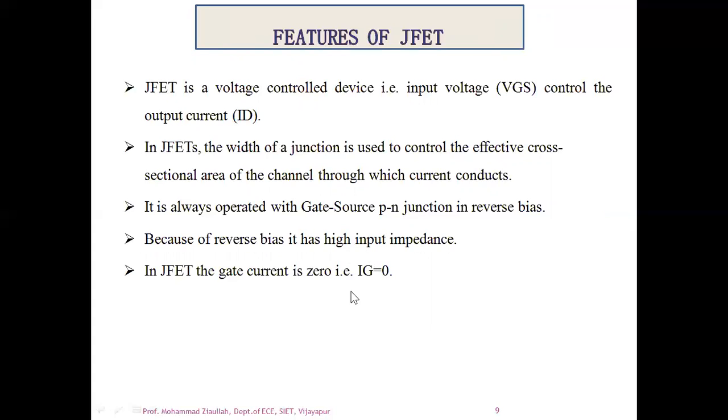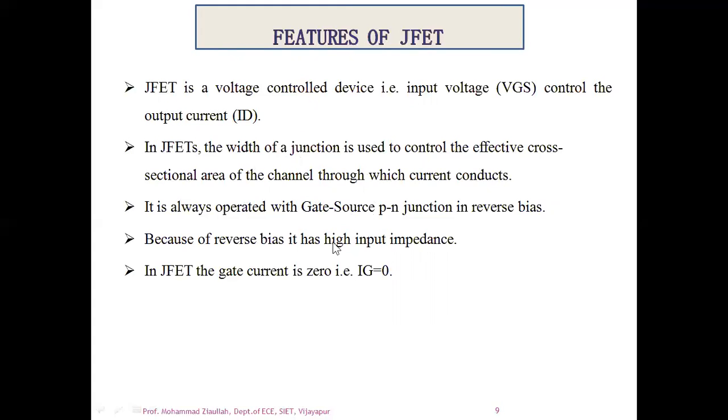Therefore, the overall operation of JFET is to control the flow of current from source to drain by applying sufficient gate source voltage, where this VGS will always be under reverse bias.